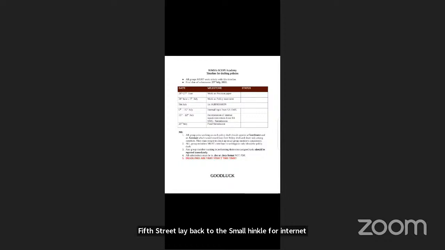Then when we give our internal inputs, you can incorporate all the corrections from 15th to 22nd and make your final submission on 23rd July. Please take note of these deadlines and adhere to them very strictly, especially the final submission date. If you do not submit your policy document on the final submission date, there's going to be a serious issue.